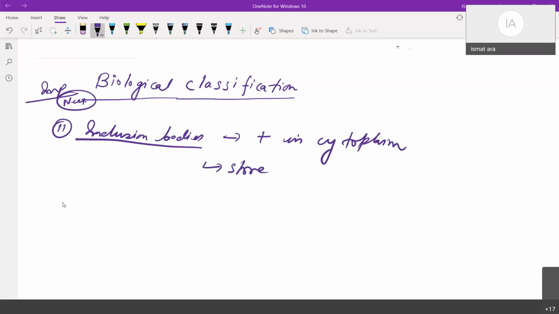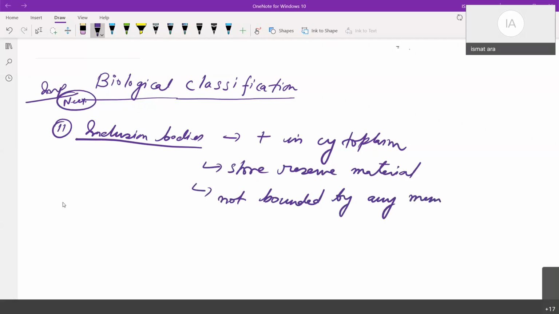They store reserve material. Let us see some examples of inclusion bodies, students.